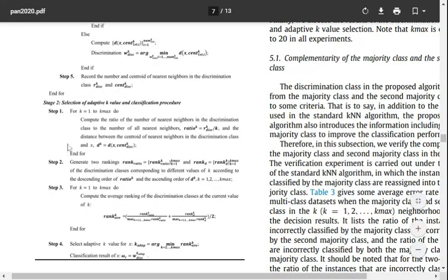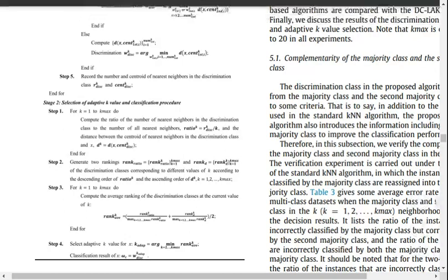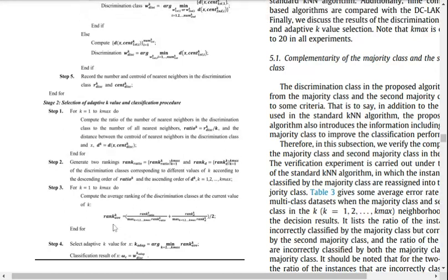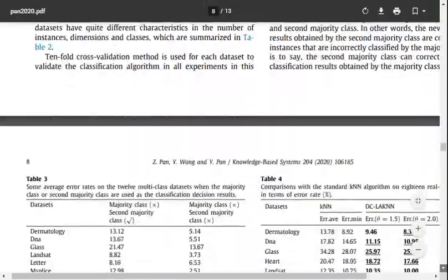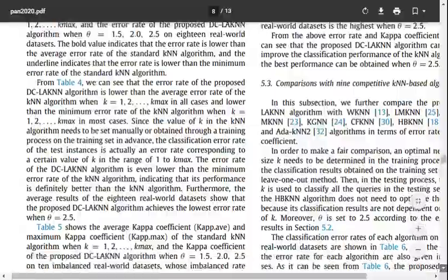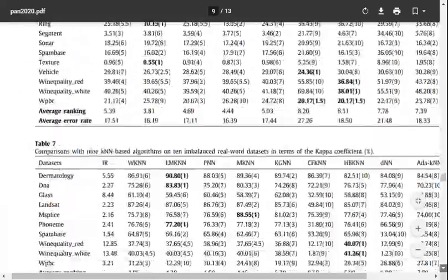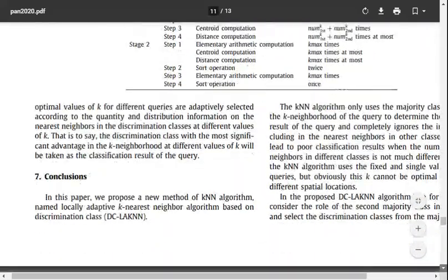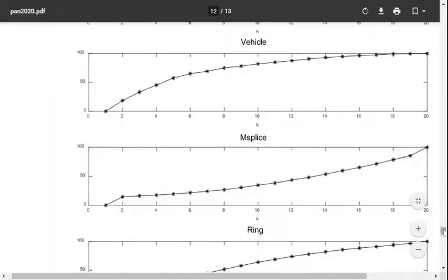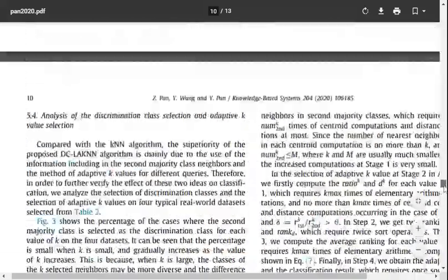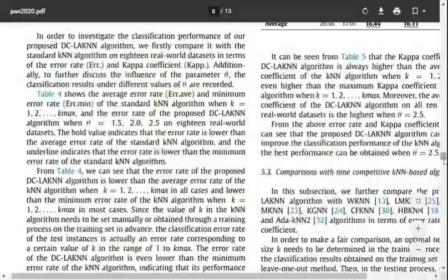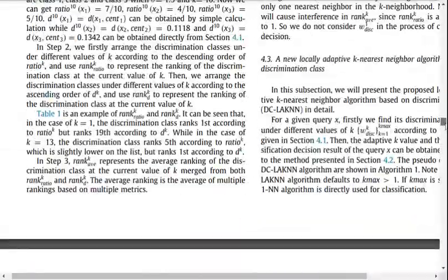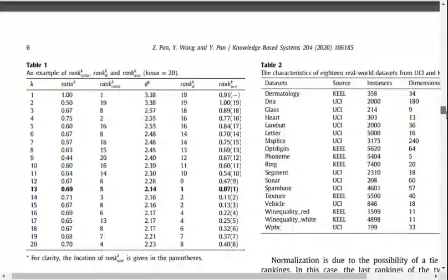Here is stage 2, and it just uses the rank, and the ranks are in the table. I have a table here. I don't know where it is now. Let's find it here. Okay, here.